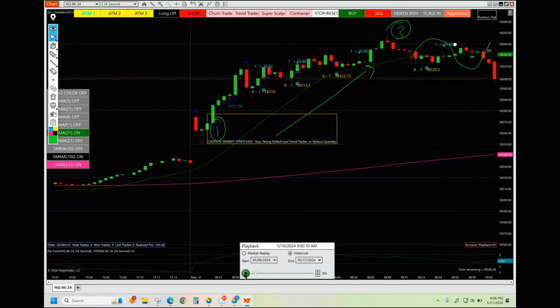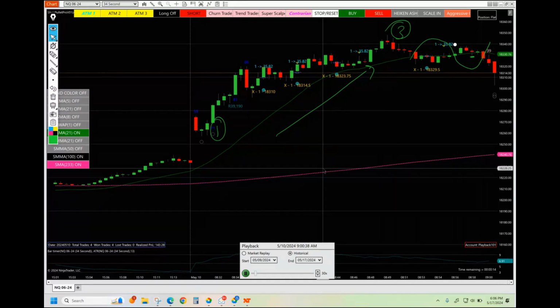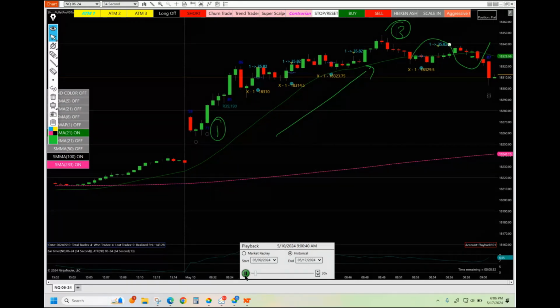If I want to be extra careful, instead of keeping it short, I will make it contrarian. Contrarian is a little conservative as well. Because in case it's a false signal, a false break, contrarian will help me.